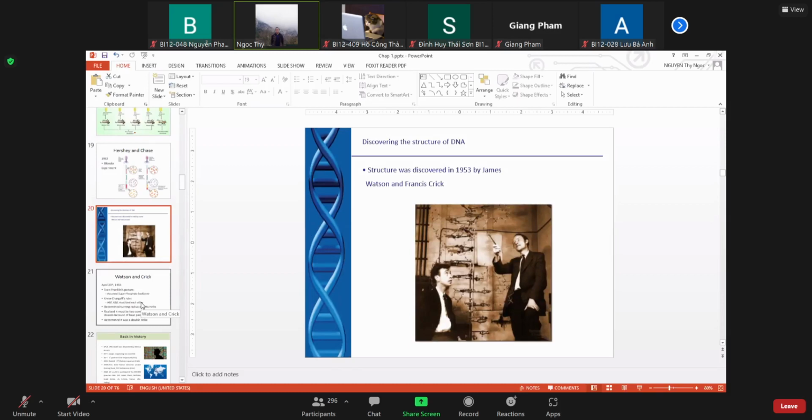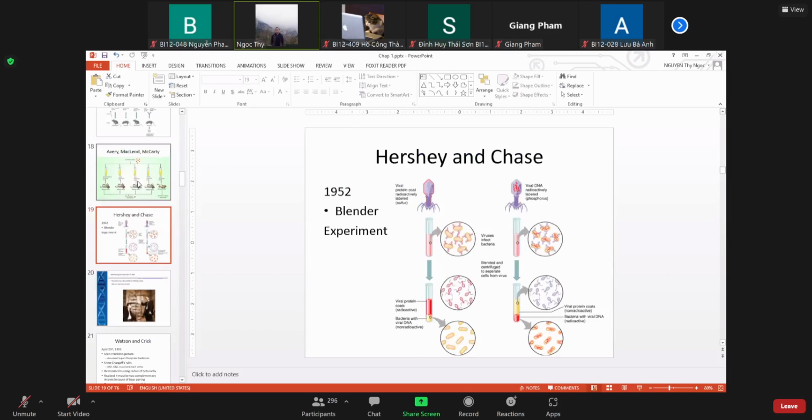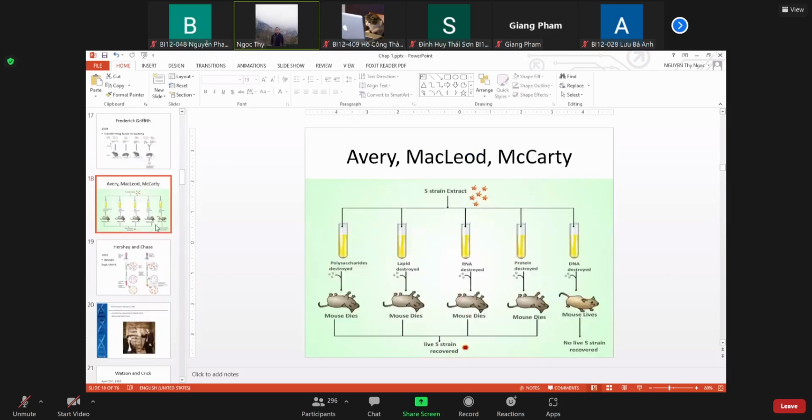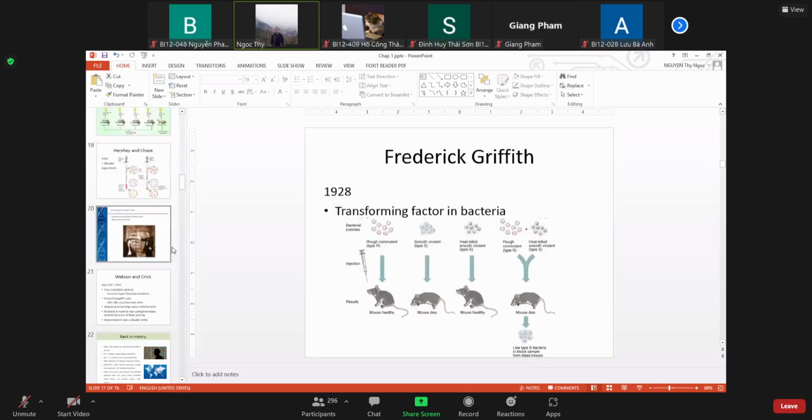If we ask any biologist, any geneticist, even a high school student who first discovered the 3D structure of DNA, they will say it's Watson and Crick. But very few people remember Hershey and Chase. Very few people remember McCarty or Griffith.